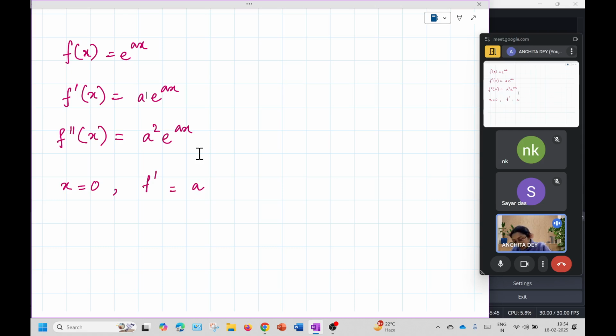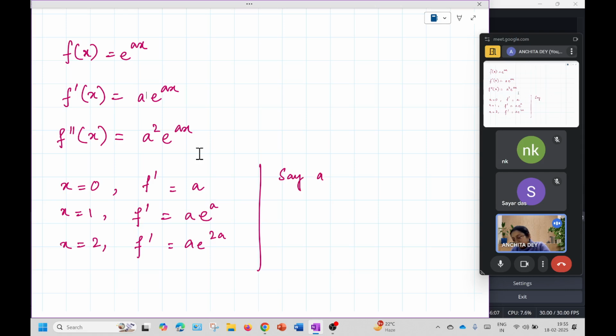At x equal to 1, we have f dashed equal to a e to the power a. At x equal to 2, we have f dash equal to a e to the power 2a. Now note one thing.